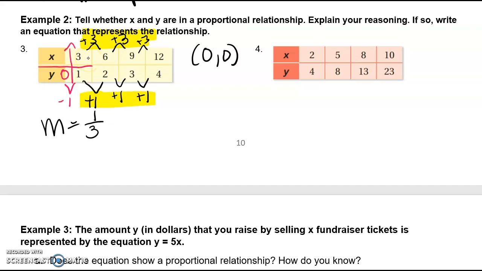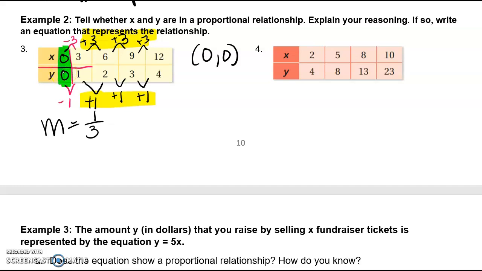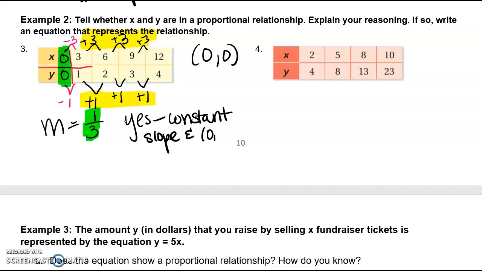And if I added 3 here, I'm going to subtract 3 up here, and 3 minus 3 is also 0. So now it contains the point 0, 0, and it has a constant slope, okay? So does this show a proportional relationship? Yes. It has a constant slope and contains the point 0, 0.